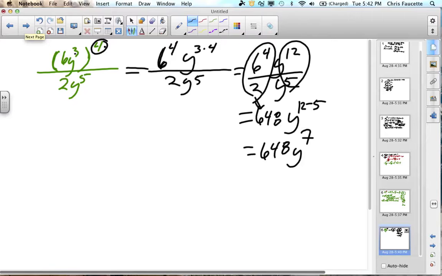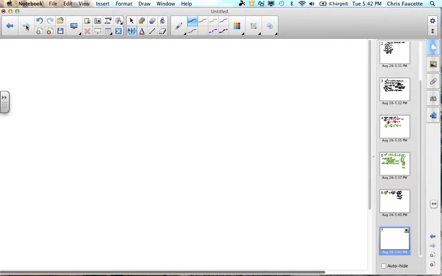Okay, the last example I want to work is rewrite using rational exponents. So we've got 3x to the 5th times the cube root of 8z. All right. Rational exponents, remember, is where I deal with this.